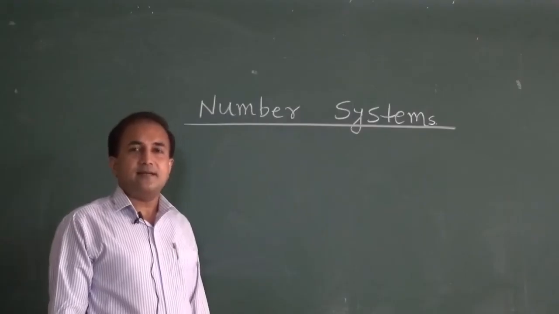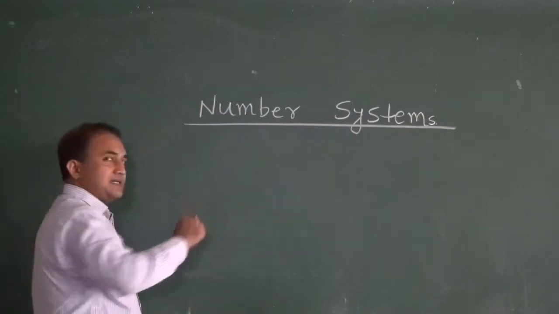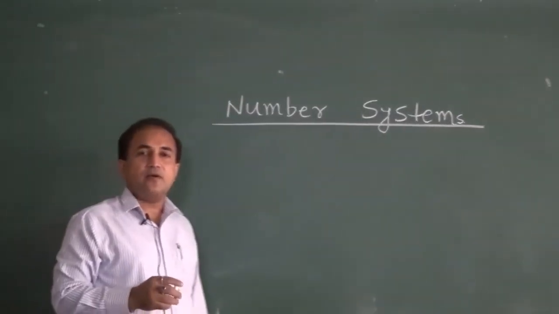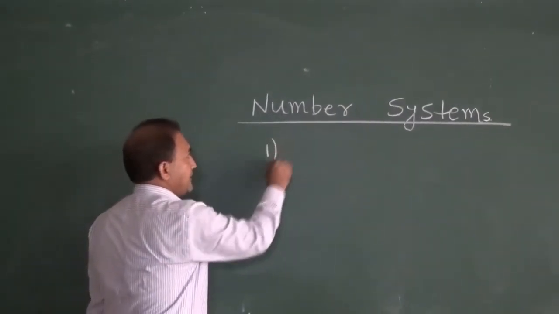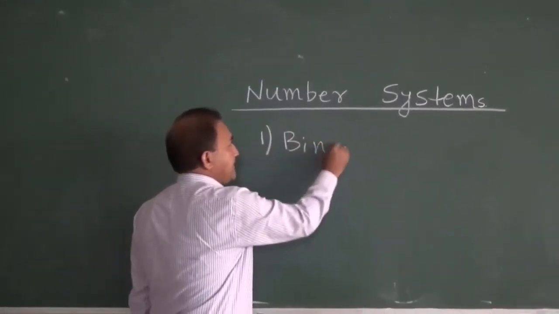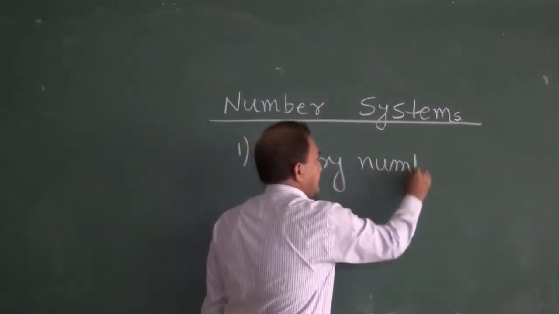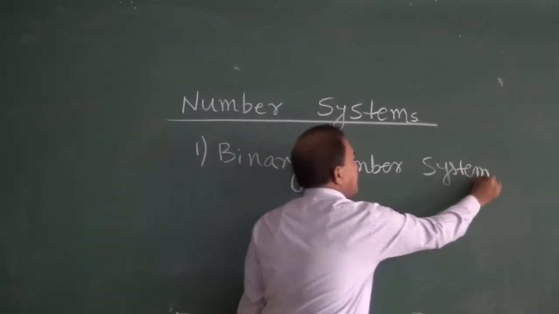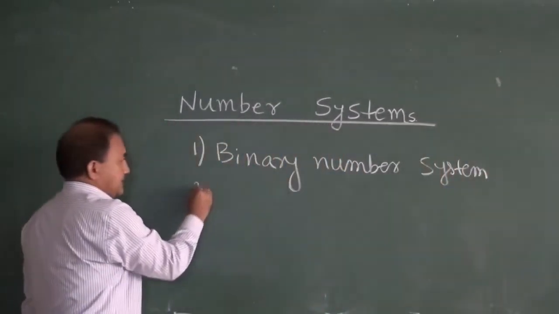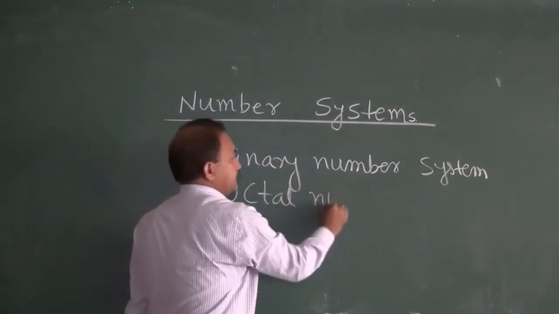I am going to start number system. In number system you have to study about 4 types of number system. First is binary number system. Second one is octal number system.